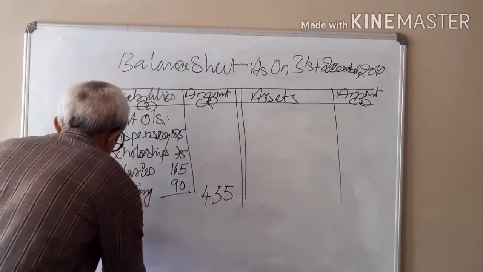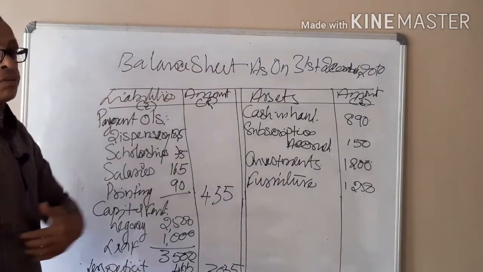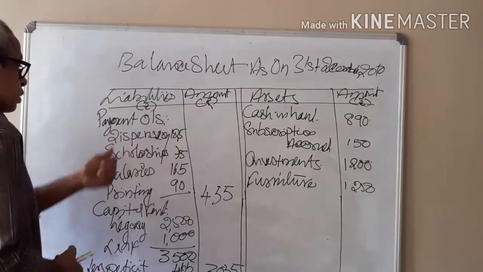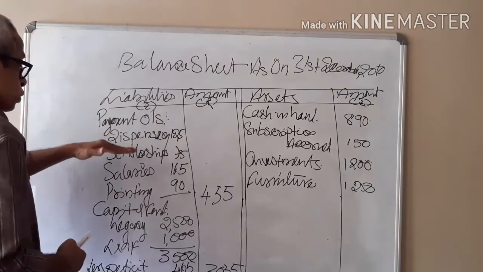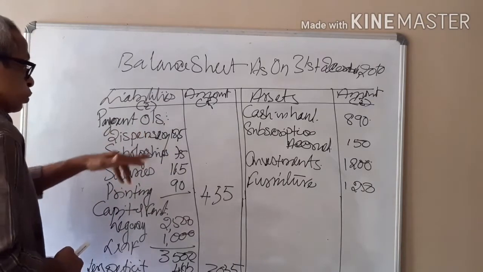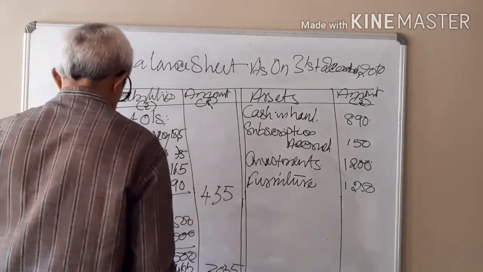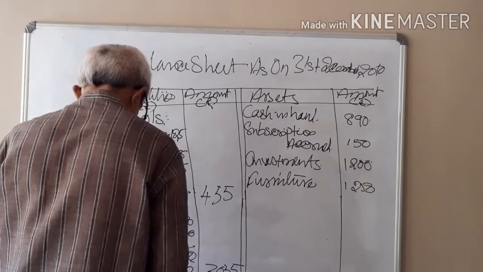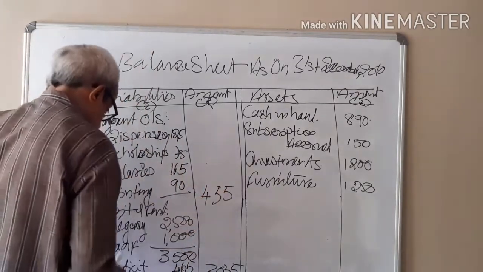Then when we calculate the capital fund, we are going to prepare balance sheet, that is the liability side and asset side. Our outstanding figures may be shown, that is dispensary amount is due, that is 125, scholarship amount is due 75, printing and stationery is due, that is 90, the total amount being 455.